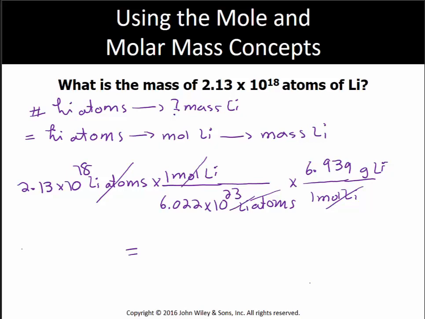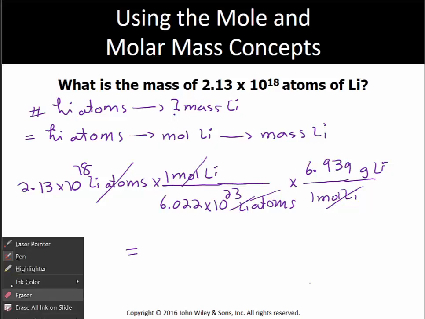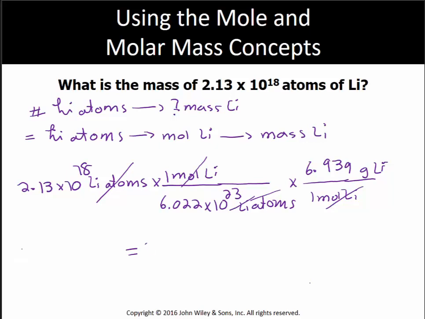So let's put this in the calculator and see what the answer is. So the answer is 2.939 times 10 to the negative 5 grams of lithium.